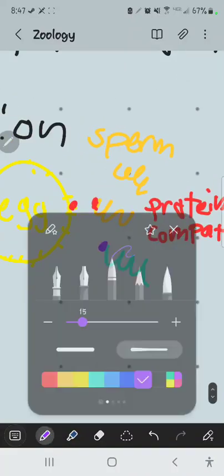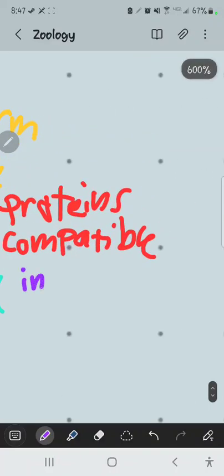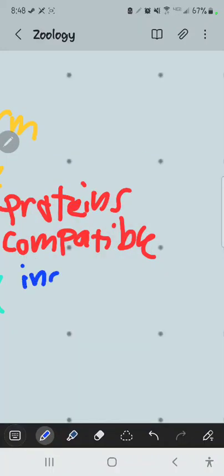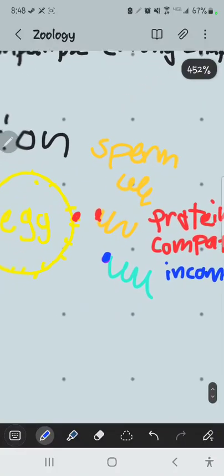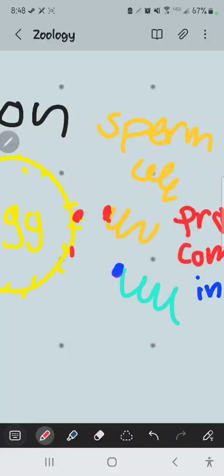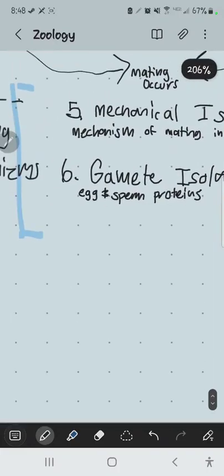But if there is a sperm cell of an incompatible organism, like if a different species tries to mate, they will not be able to attach to the egg. And this could be a change as simple as one gene, one nucleotide change, one ATGC DNA code change, could result in a sperm cell not being able to bind to an egg.